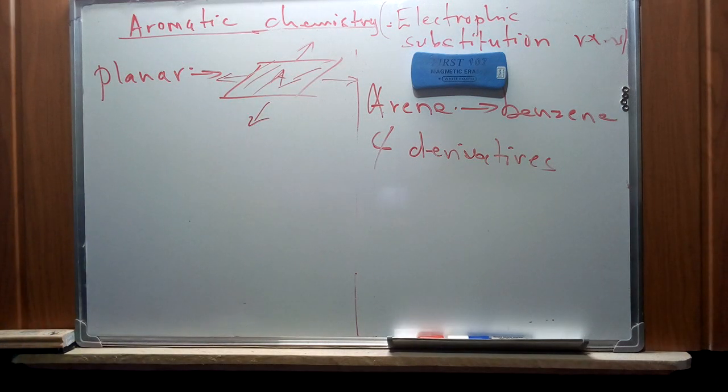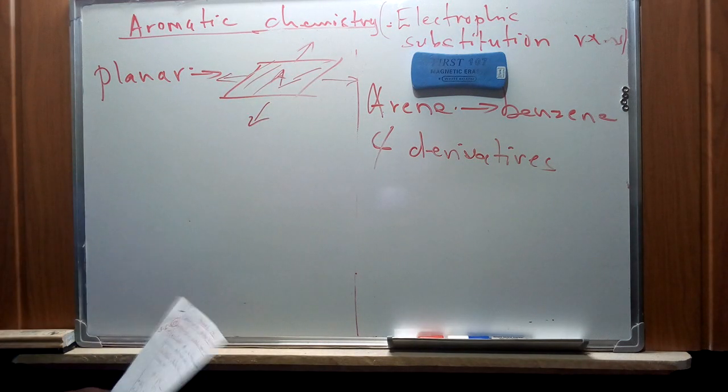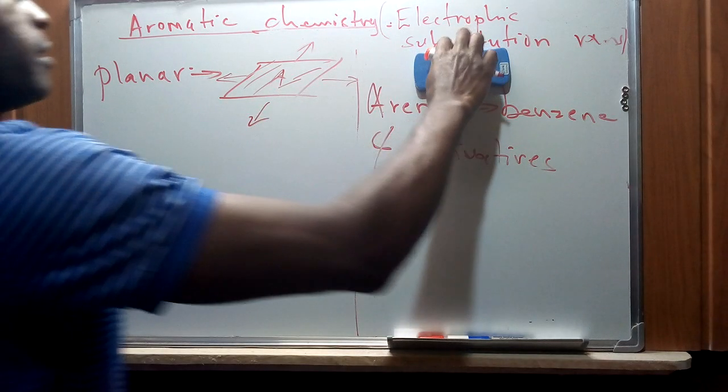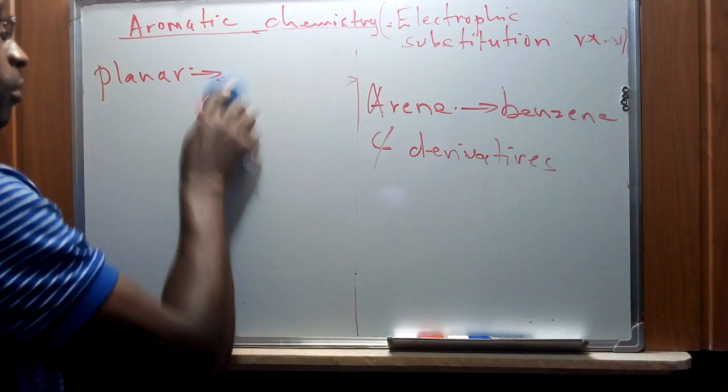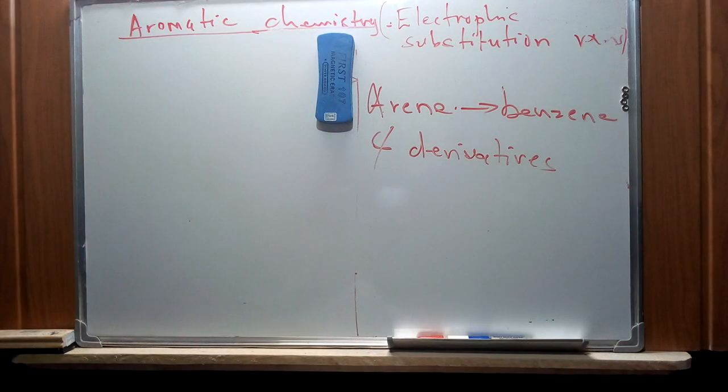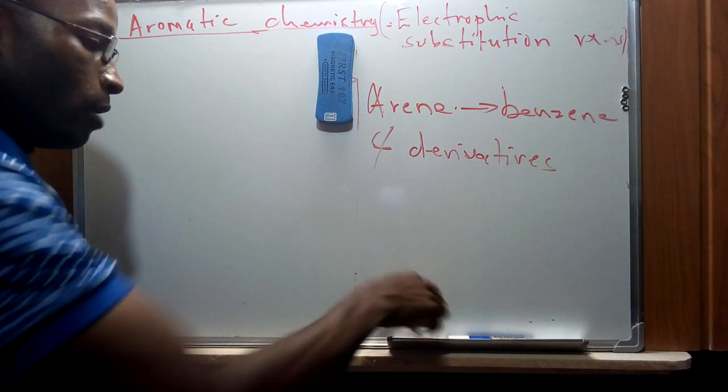A molecule that has a planar structure means all its atoms lie in a plane, as I have demonstrated above. Therefore, a planar molecule is one in which all atoms of that molecule lie in the same plane, as I've mentioned, from the term plane in normal geometry. It's a two-dimensional structure that runs in four directions indefinitely.